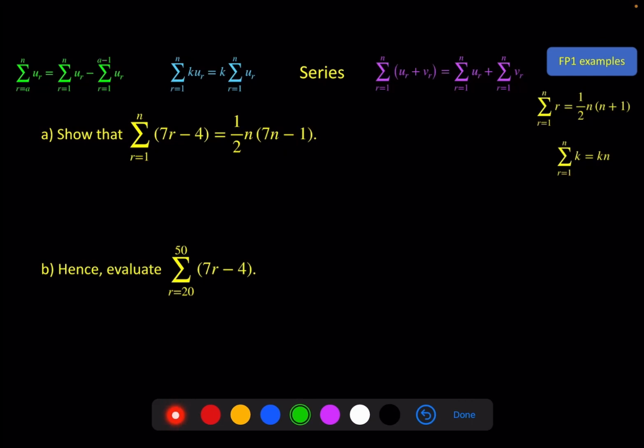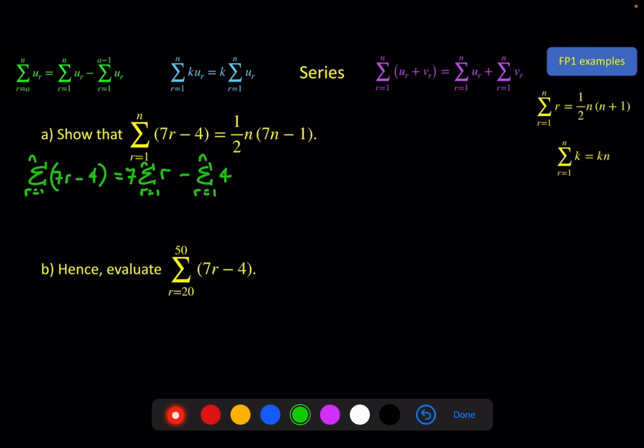So here we go. Let me be a little bit clearer there. This is equal to the summation of 7r. I could probably bring the 7 out as part of this stage as well. I think the examiner will be fine with that.